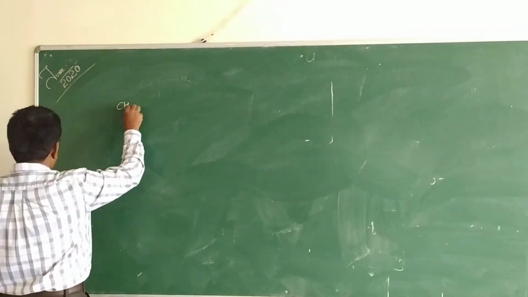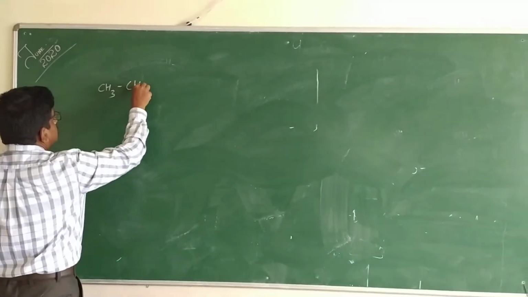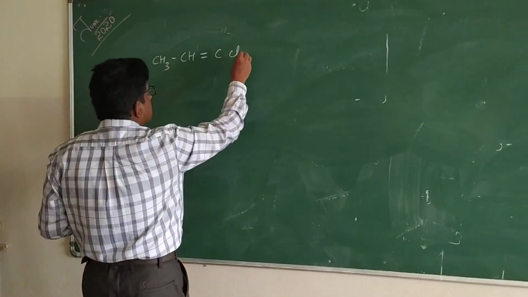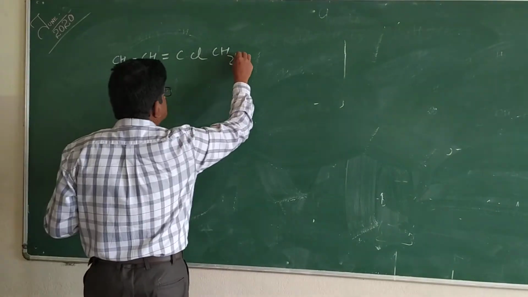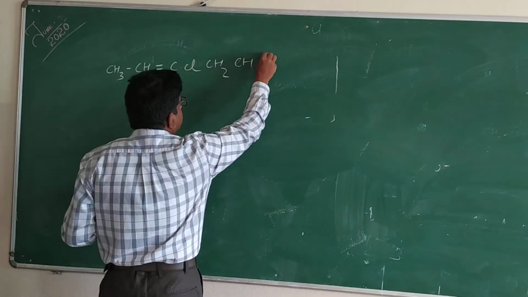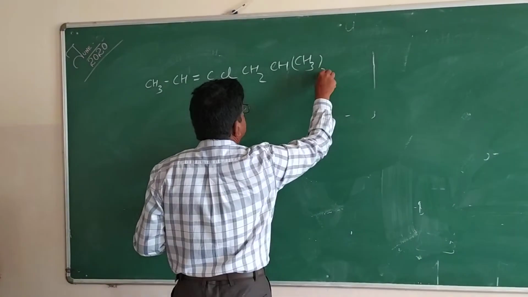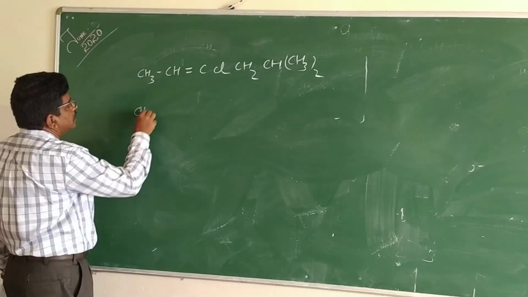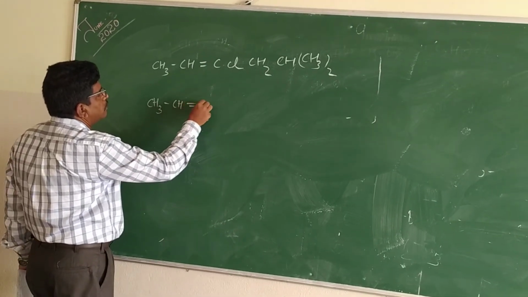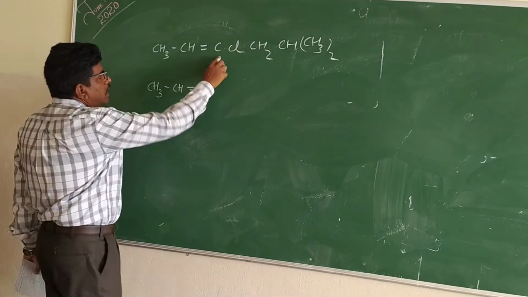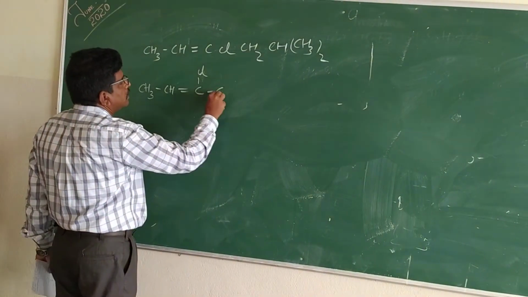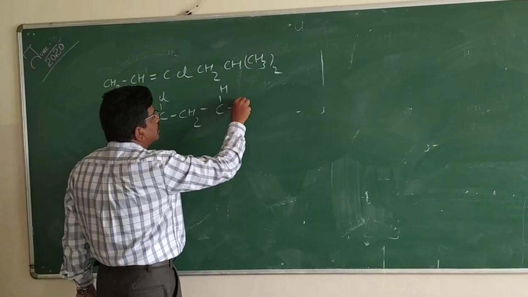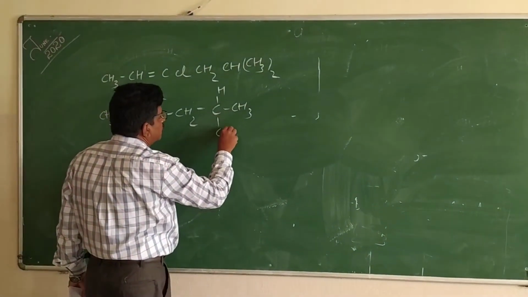CH3, CH, double bond, C, Cl, CH2, CH, CH3 twice. CH3, CH, double bond C, to this carbon 1 chlorine, then CH2, to this carbon 1 hydrogen and 2 methyl groups.